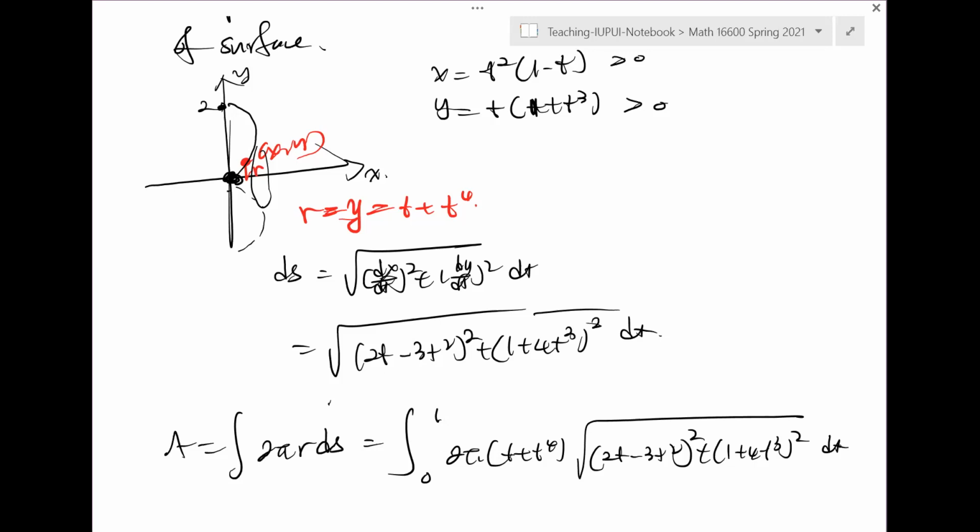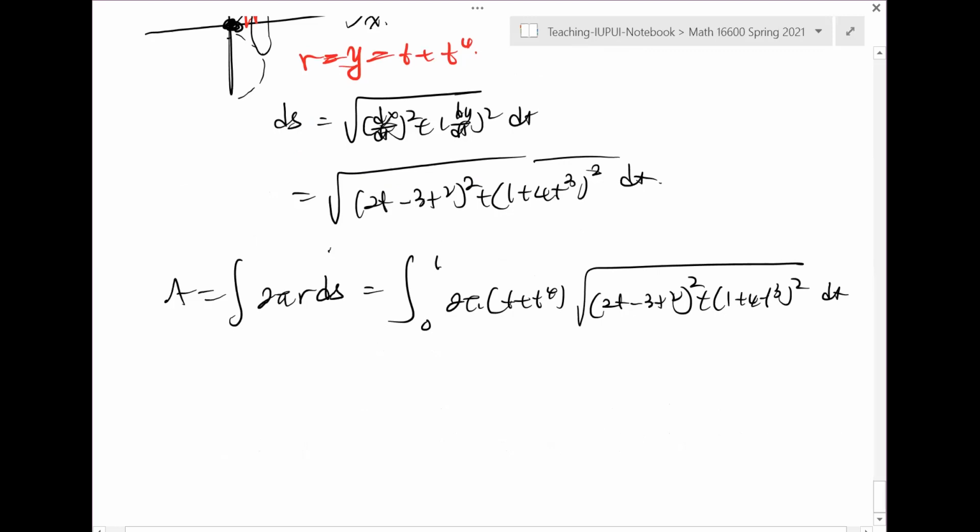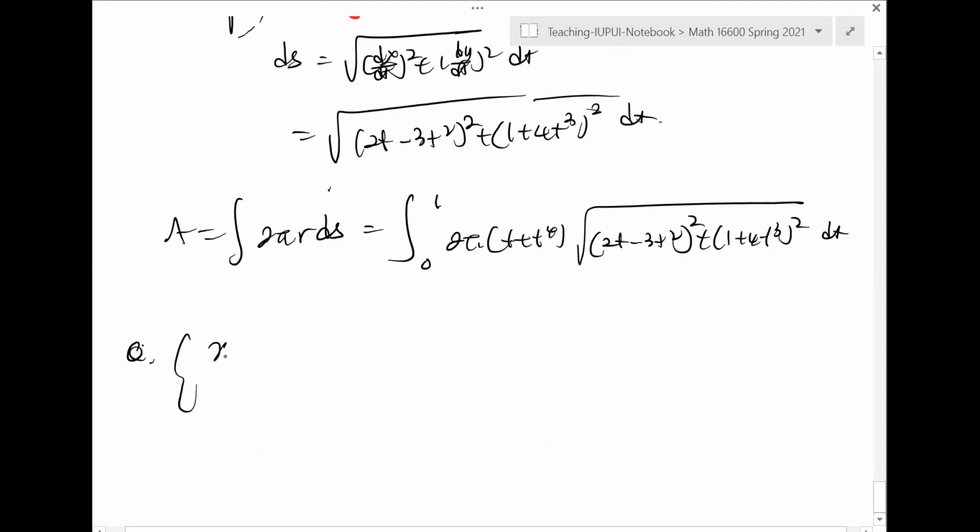All right, let's take a look at the next one. Maybe we can find it exactly. I probably cannot evaluate this integral. Okay, it's too complex. The second one is x equals 3t squared, y equals 2t cubed. t is between 0 and 1, make it simple, this one.